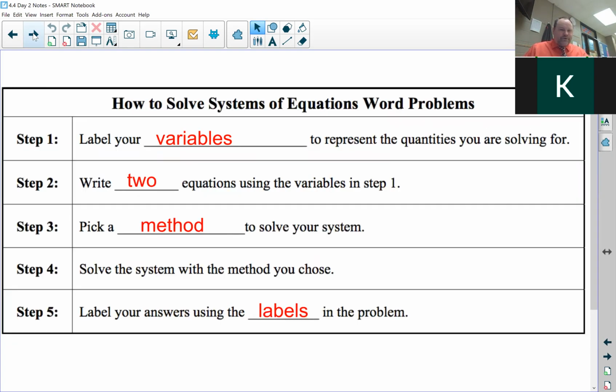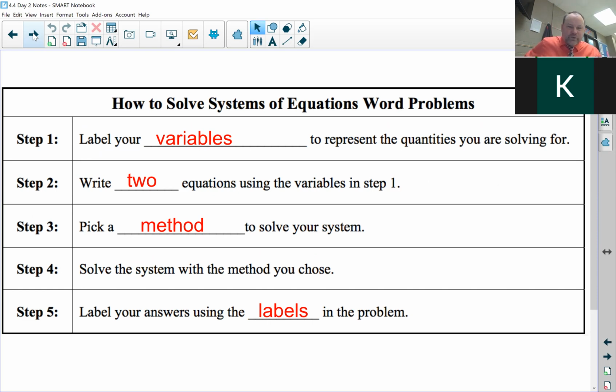So the first thing is we have a process, just like everything else, a roughly 5-step process. Step 1, label your variables to represent the quantities you're solving for. You should know what answer you're looking for before you even start.